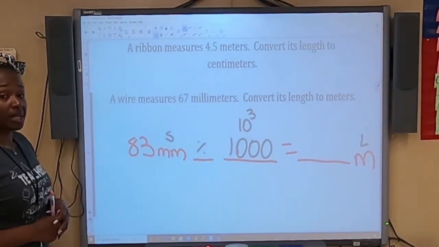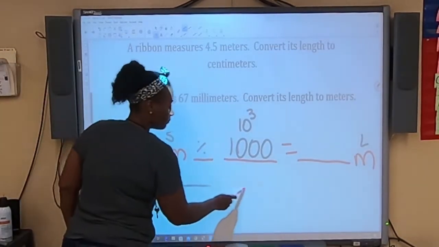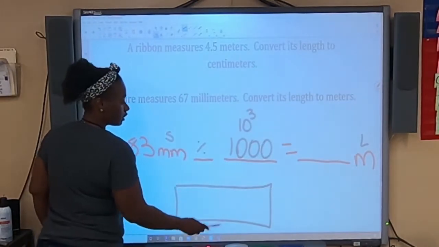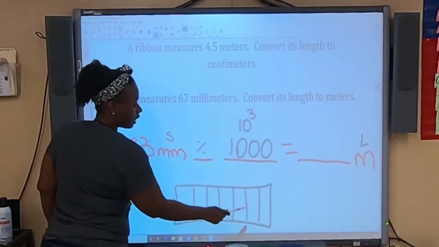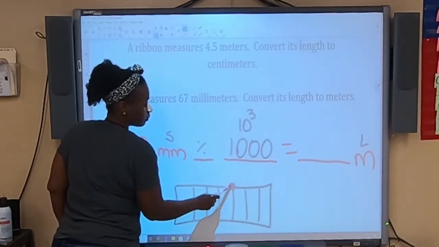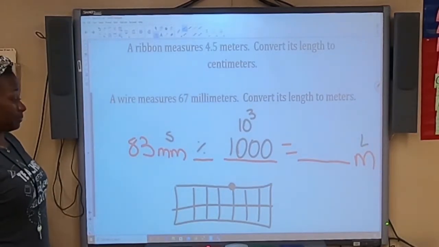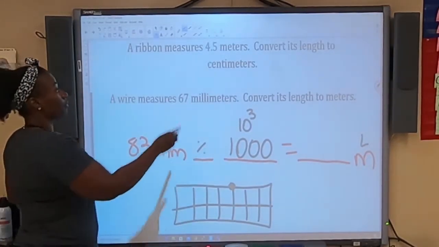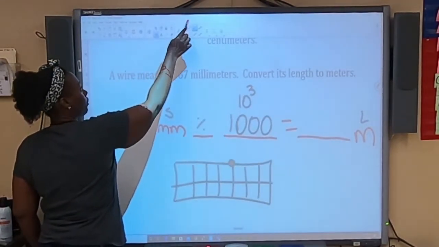I can always use a place value chart to help me. Simply draw your rectangle. Split it. 3, 4, 5, 6. Come over 3 and put your decimal. Then split it in half. Voila, you have a place value chart. Your whole number is 83. Oops. So I'm going to write an 83.